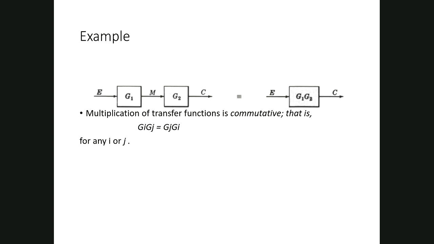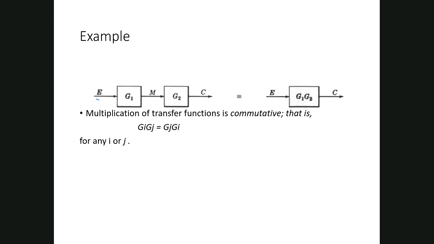For example now, if we have this signal E going into G1 and then M going into C, this is the same as just combining here, multiplying G1 by G2 to form one block, and then E goes in, C goes out.